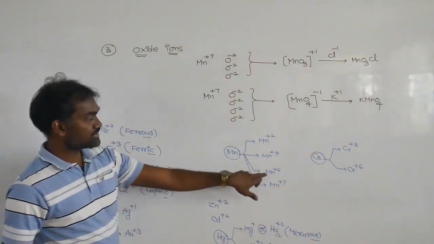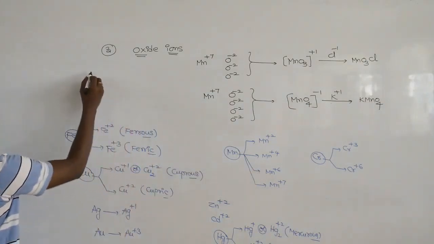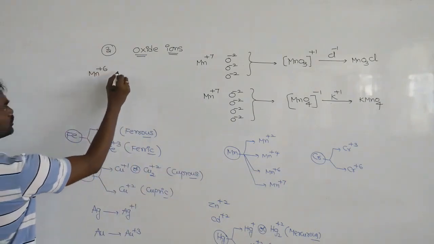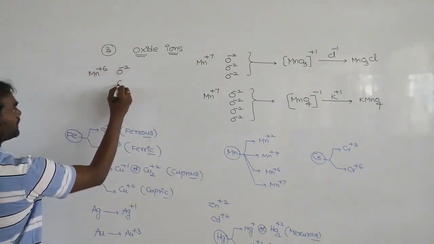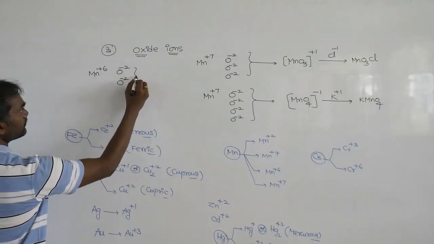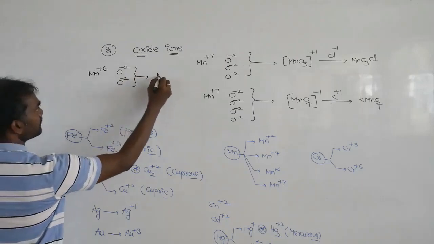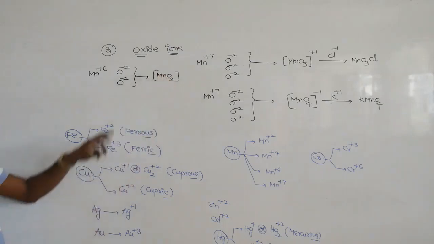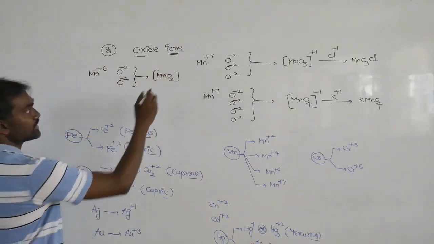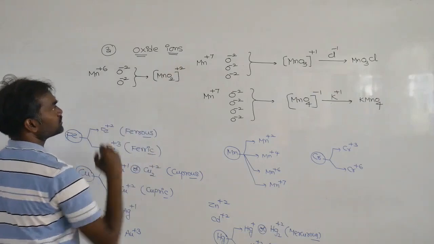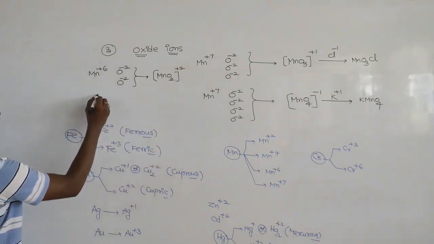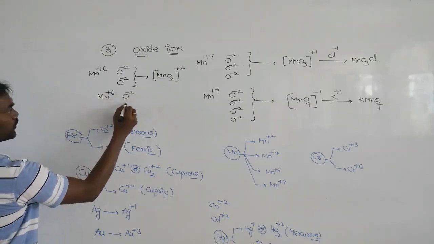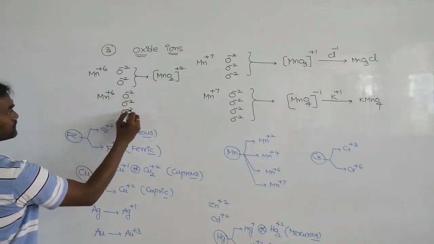Suppose Mn plus 6 you take. Mn plus 6. So 2 oxygens only I am writing. So then what happens? MnO2. 4 gone. Remaining 2 positives are there. So plus 2. Suppose 4 oxygens you add. Mn plus 6, 4 oxygens I am adding.